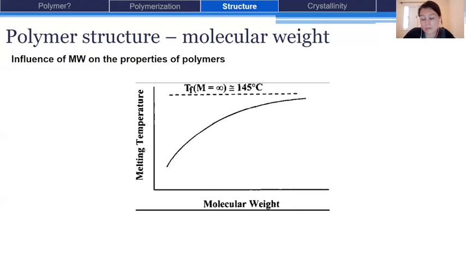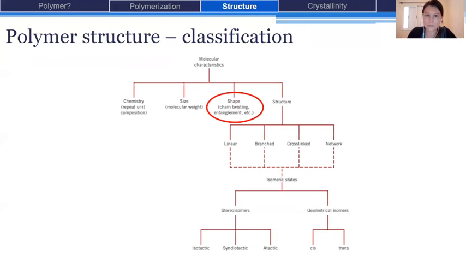Up to a certain high molecular weight, upon which the melting temperature does not increase anymore and reaches the constant value of 145 degrees C. So we described the chemistry, the molecular weight of the polymer.